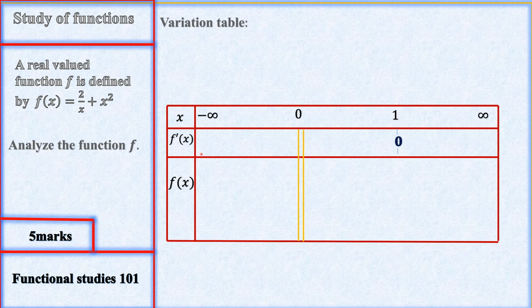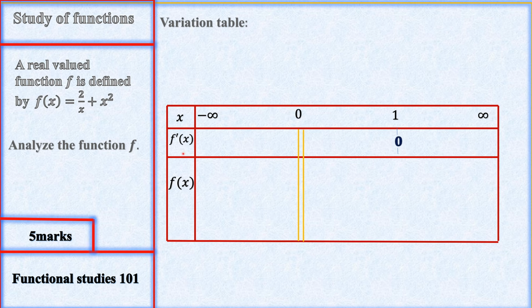After doing this, we now have to write down the sign of f prime in the different intervals. When we are working on the interval from negative infinity to the left of 0, take any value that is less than 0 and greater than negative infinity. We can take, for instance, negative 1. We come to our gradient function f prime of x and test it there.